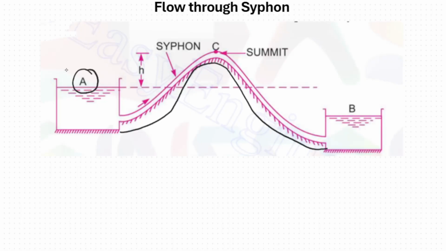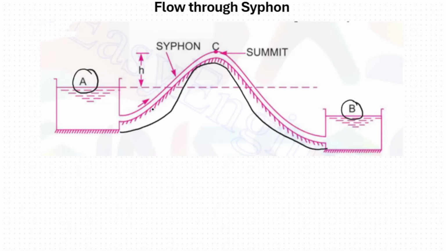So there is a reservoir A and reservoir B, and the elevation of reservoir A will be at a higher side, and reservoir B will be at a lower side. Now, the construction is, these two reservoirs are separated by a hill.